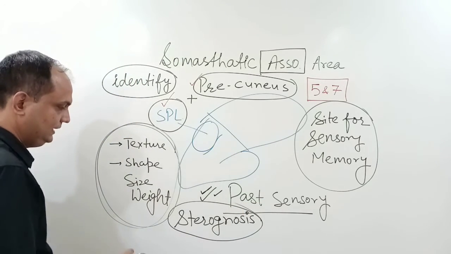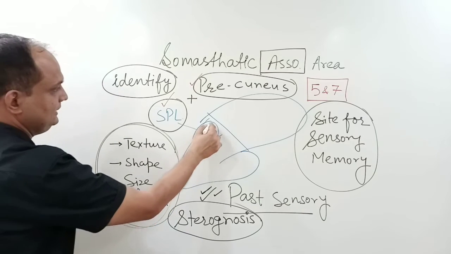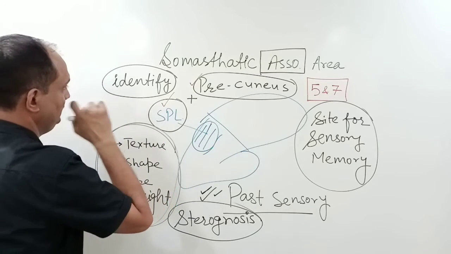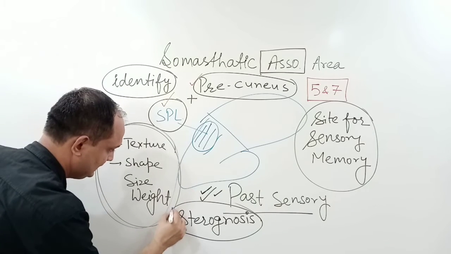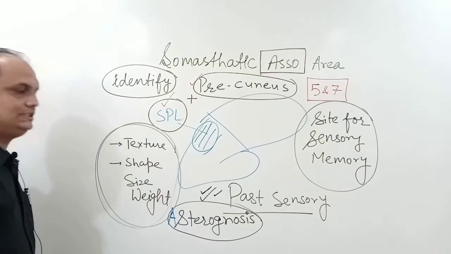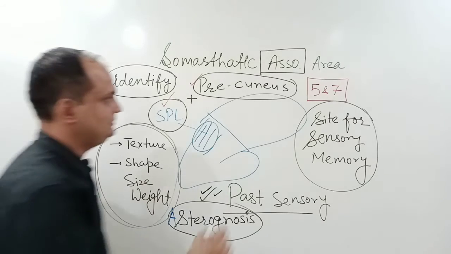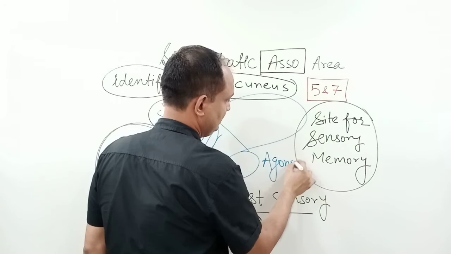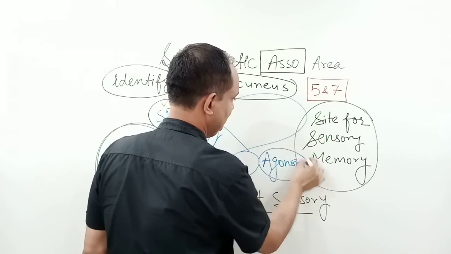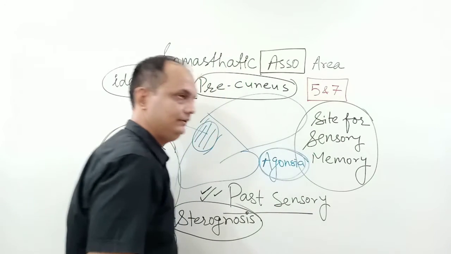But if there is a lesion in the superior parietal lobule, that is Brodmann's area number 5 and 7, then this condition is known as astereognosis. That means the person will have agnosia. Agnosia means he is not able to identify.